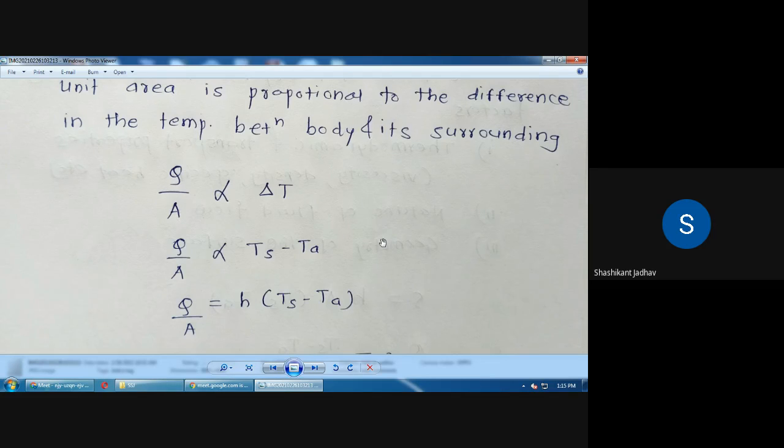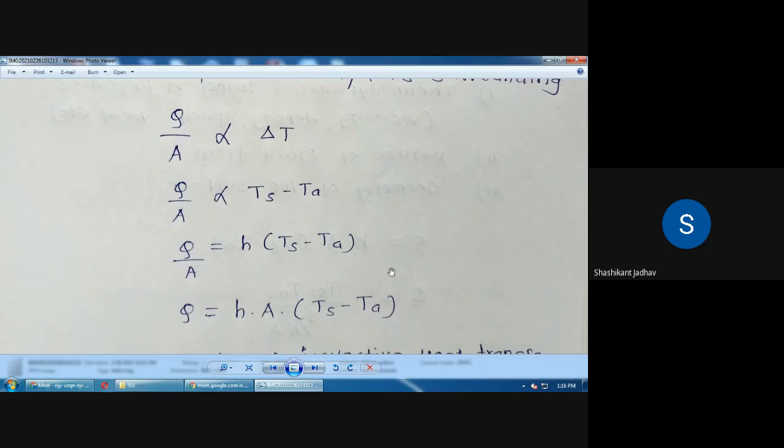So instead of the proportionality sign we write the heat transfer coefficient for convection. From that we get Q by A is equal to H into Ts minus Ta, and so the rate of heat transfer is Q is equal to H into A into Ts minus Ta. This is the equation of Newton's law of cooling.